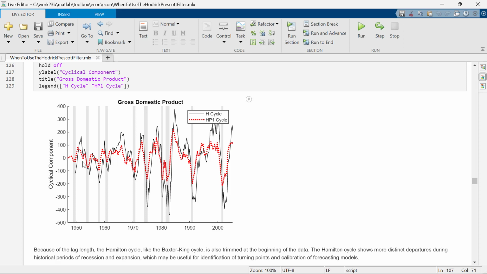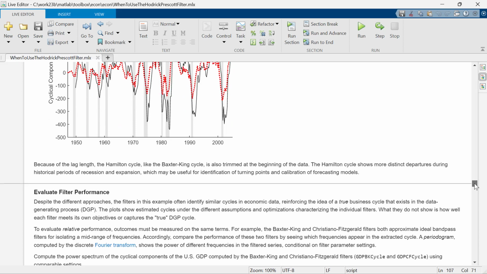So in this case, with the GDP data, you could argue that the Hamilton filter does do a better job of identifying those turning points in the business cycle. And of course, when you're fitting then a forecasting model to this data, you'll get different results, and we'll compare those here in a minute.